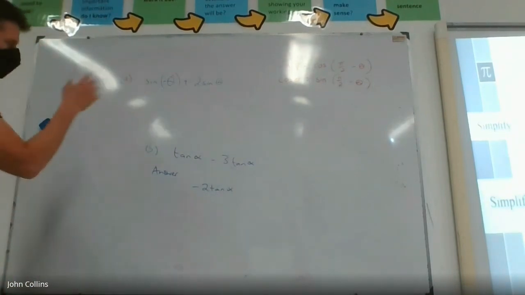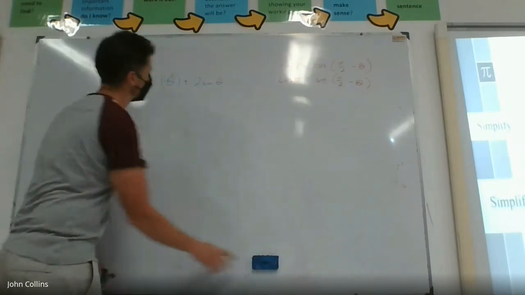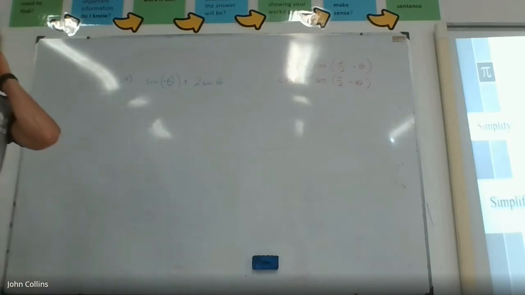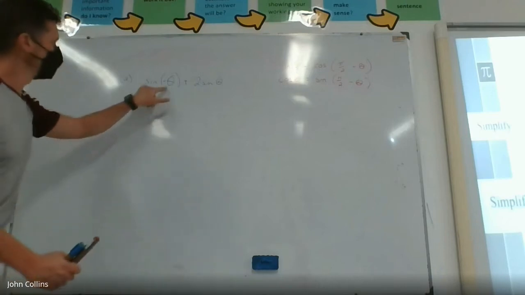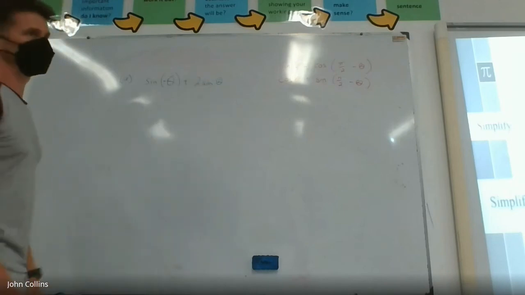Well, maybe sometimes they do throw in tricks, but what can this be simplified down to? Sine of a negative angle. How is that related to its positive buddy? That's what it's saying. How can these two be combined? A sine negative theta and a sine theta.